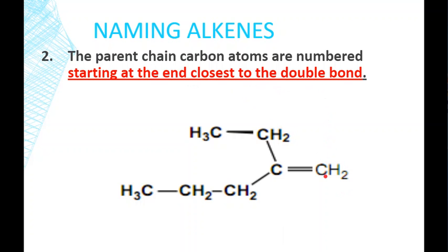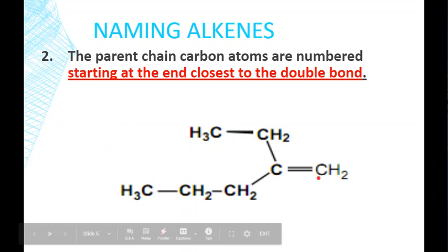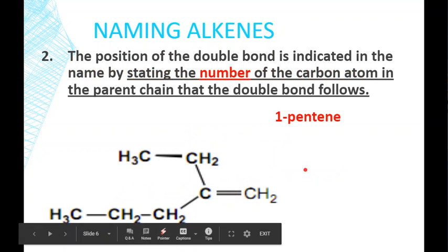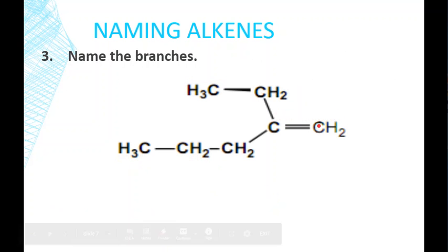So I have to start numbering on this side, because this side is the side closer to the double bond. So it's 1, 2, 3, 4, 5. And the double bond is on the first carbon, so I say 1 pentene. Okay. So that's the name of the chain.